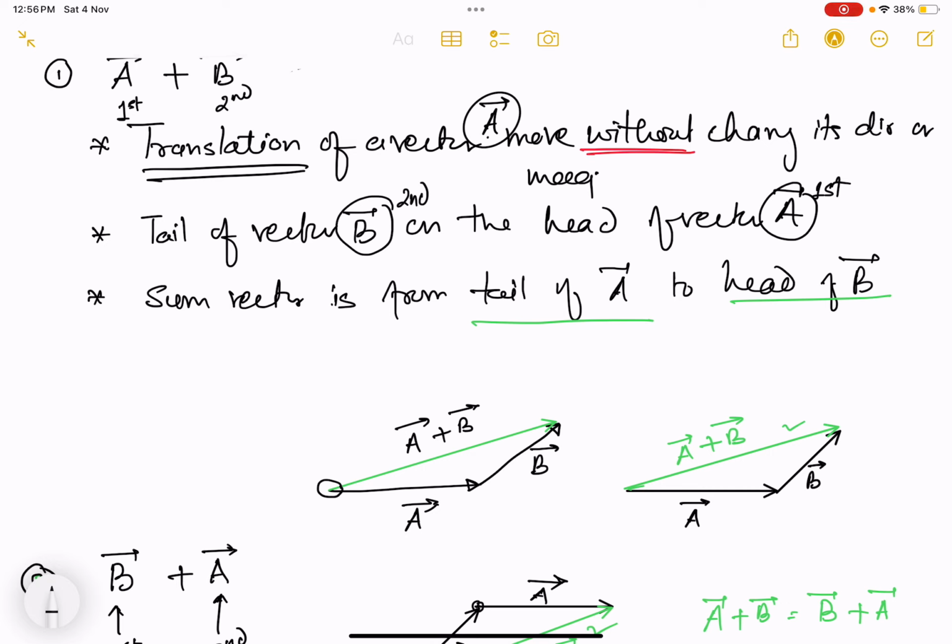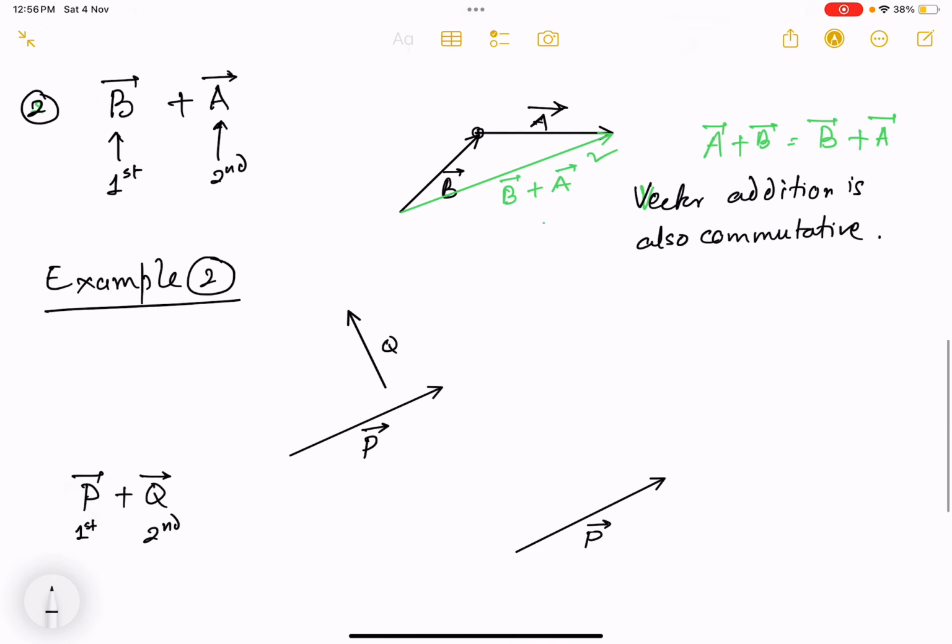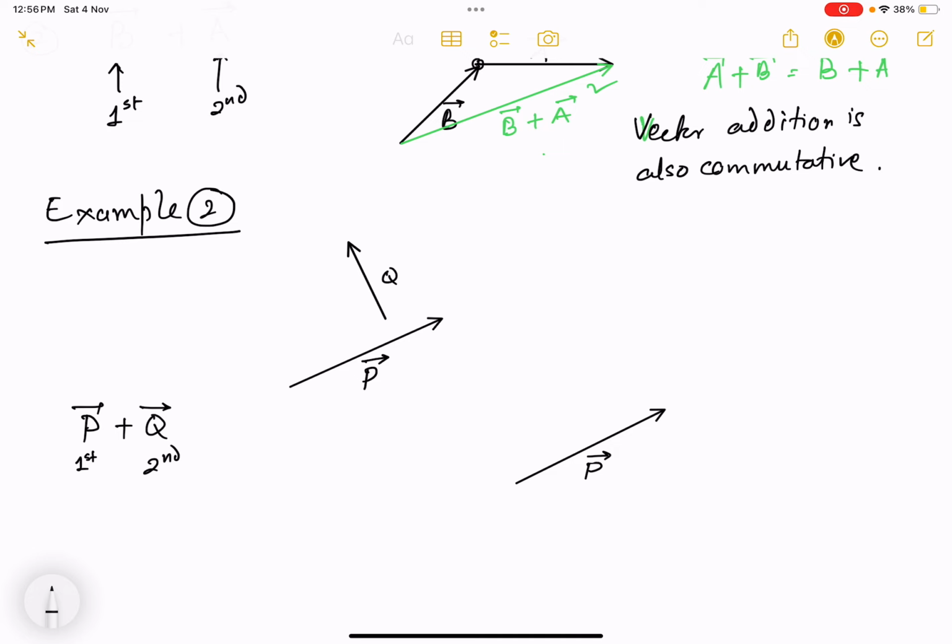So now I will translate q. Tail of the second vector on the head of the first vector. So second vector is what here? Q. So how do I move? This is the tail. Where will it go? It will go at the head point of the P without changing its magnitude, without changing its direction. So I'll draw it like this.